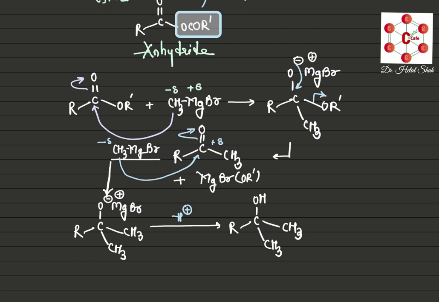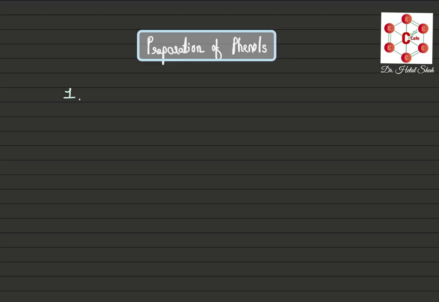Preparation of phenol, the first preparation. This preparation is from chlorobenzene, and the method is an industrial process which is called Dow's process.